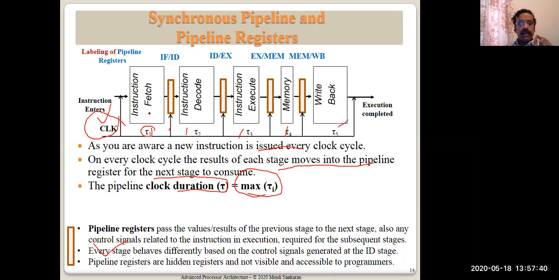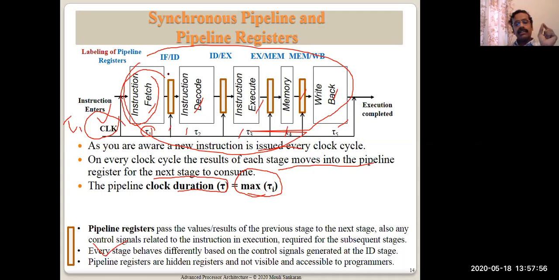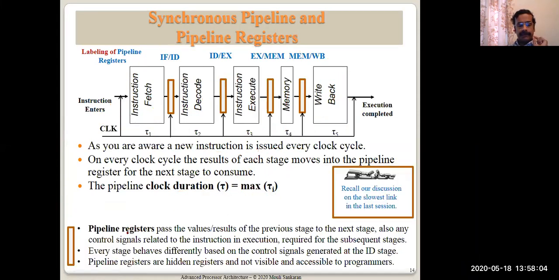Once this is fixed, whatever may be the delay taken, all of them move with this tau 1 speed. If they all have to make progress, the slowest module decides the speed of the whole pipeline. Even if they are all finishing fast, they have to wait for the slowest one. That is the reason.